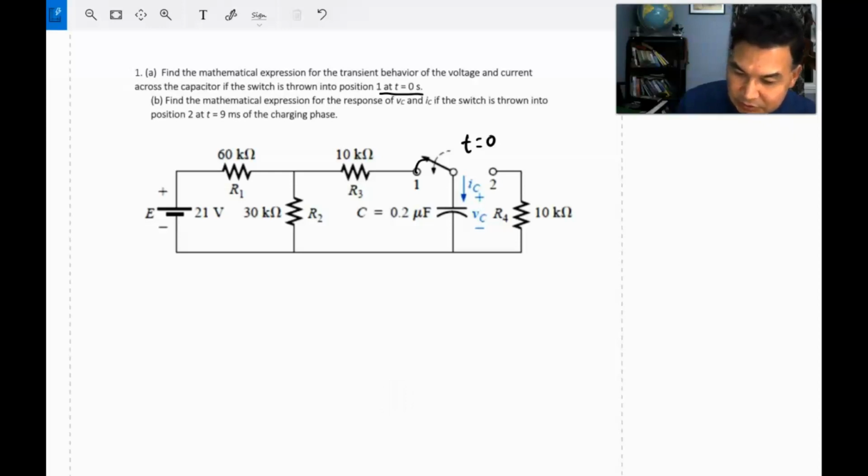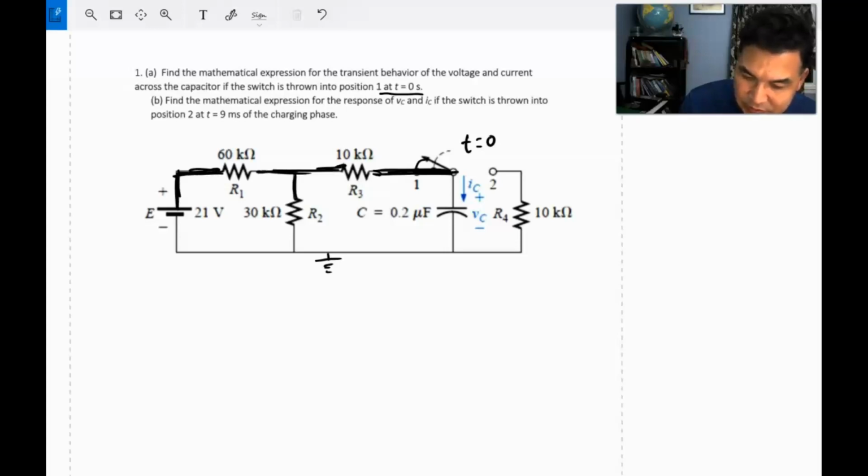When this two-way switch is connected to position 1, it completes this circuit, and let's say this is the reference node.